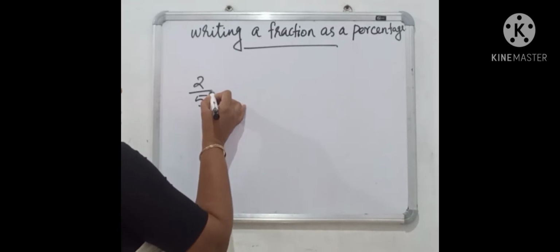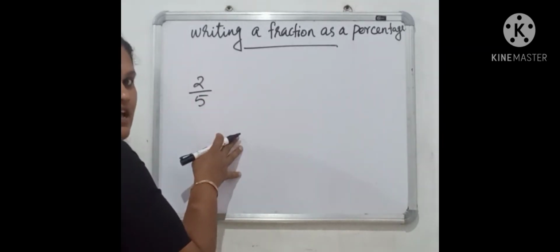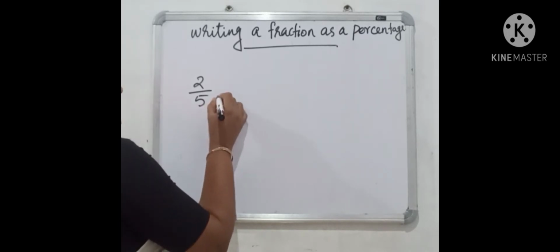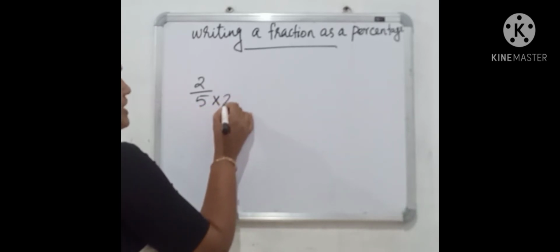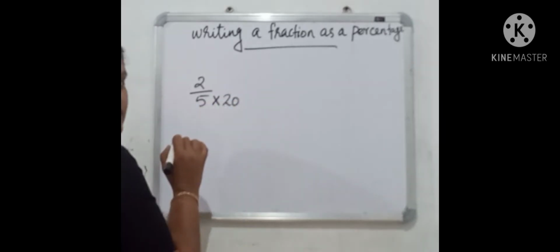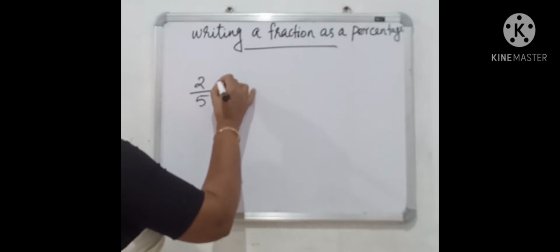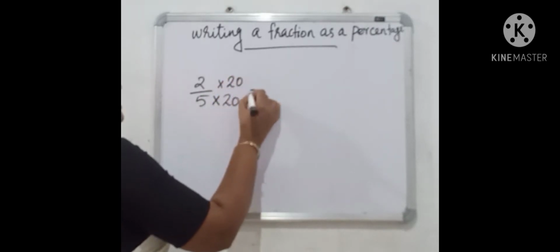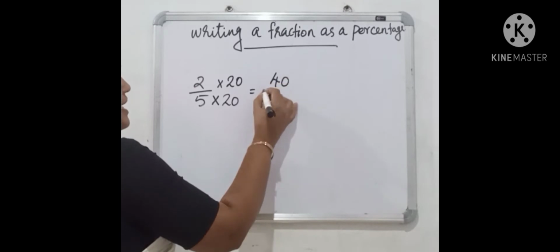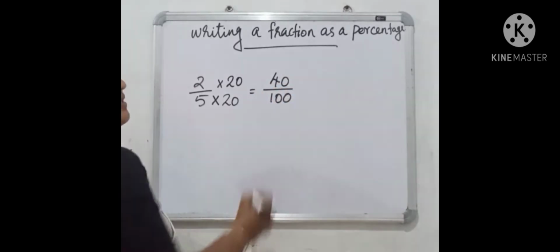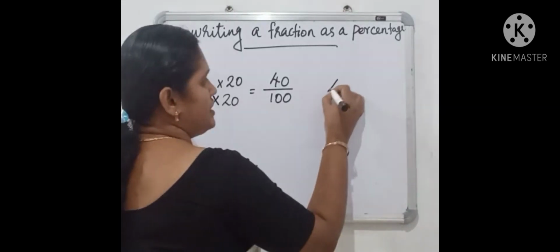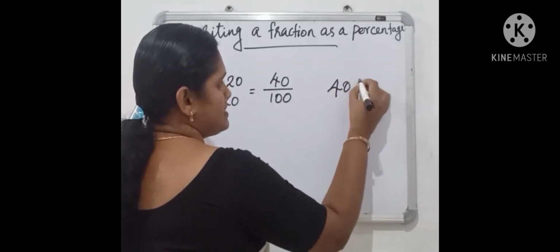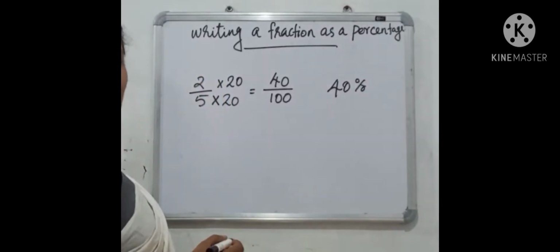Convert this fraction into a decimal fraction with the denominator 100. So, to get 100 here, we should multiply the denominator by 20, and the numerator also by 20, which equals 40 by 100. Okay, 40 by 100. So we can say that 40% of the students speak Hindi at home.